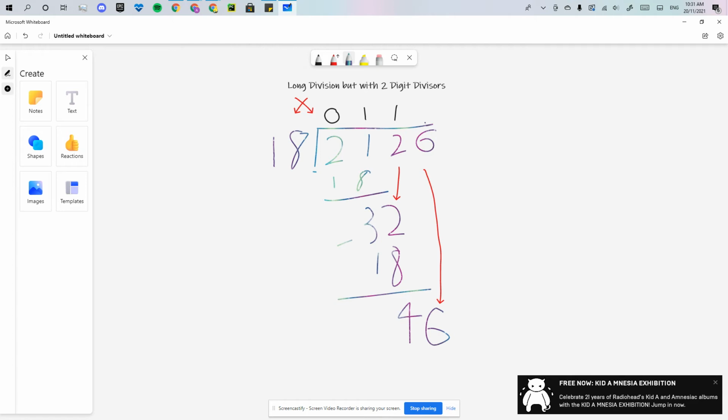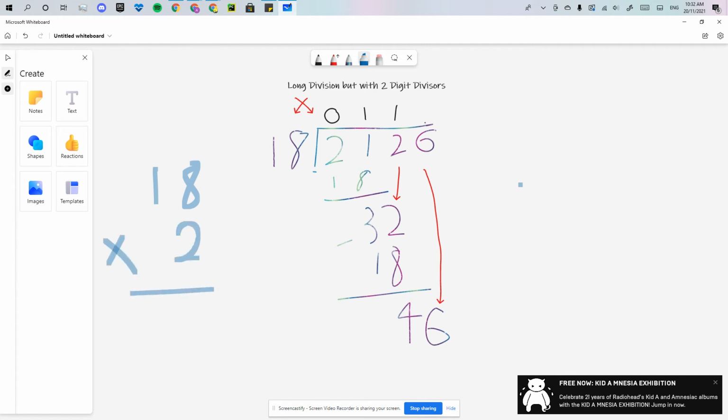Now we ask ourselves the question again. How many 18s go into 46? What do you think? 2? Let's do the multiplication. So I'll use a highlighter. Here we have 18 multiplied by 2.